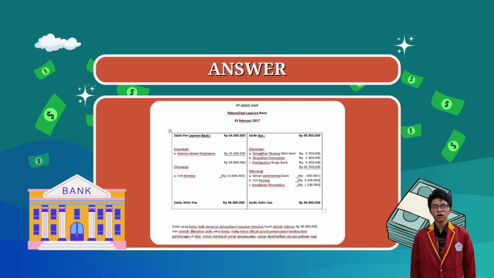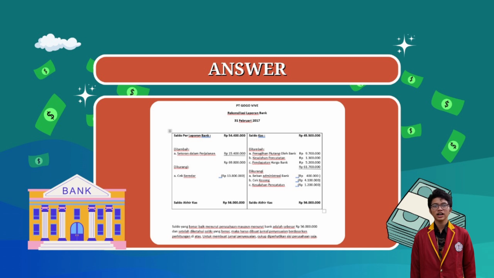This will reduce the company's cash as recorded in the company's column by 400,000 Indonesian rupiah. 7. On January 25, a check received from PT Maju was found to have no funds. A check worth 4,100,000 Indonesian rupiah was deposited in the bank and recorded on January 25 but treated as an NSF check, so recorded as a deduction in the company's column for 4,100,000 Indonesian rupiah.